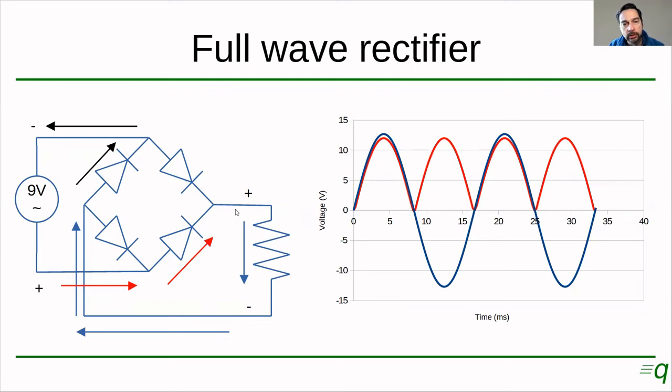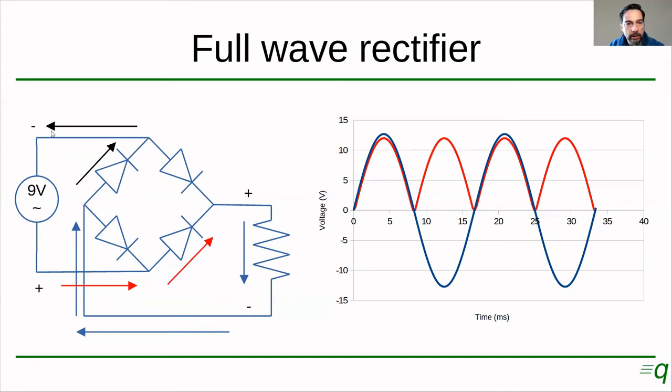And if you were paying attention, the polarity on the resistor remained the same, positive on top and negative on bottom. So current flows from top to bottom on the resistor.